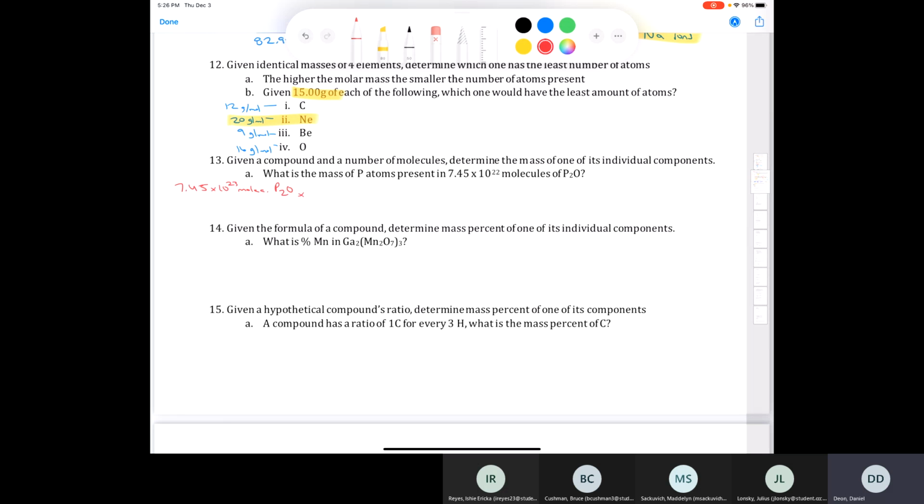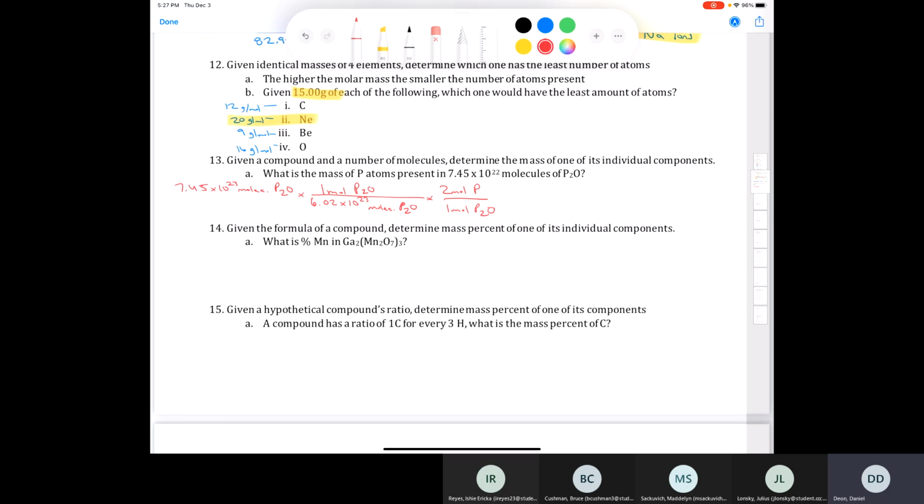And we know that there are 6.02 times 10 to the 23 molecules of P2O in 1 mole of P2O. But we also know that in 1 mole of P2O that we've got 2 moles of phosphorus.